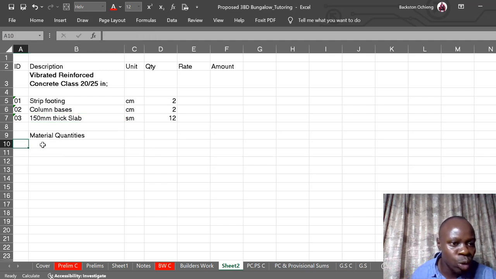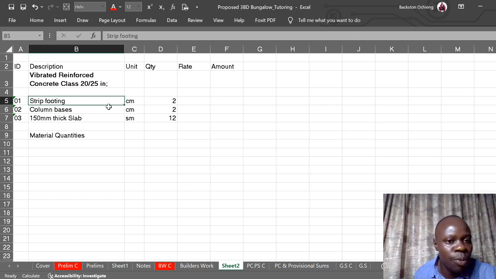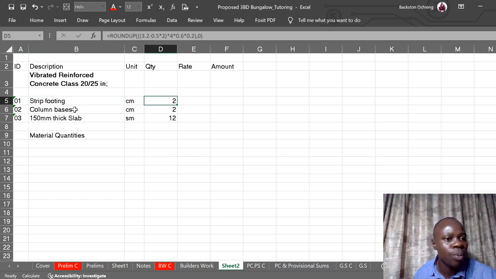These particular items are basically concrete, and what we've gotten is the scope or the quantities in terms of the dry volume. So we have strip footing, in cubic meters, which is 2. Column bases, the same. And then the slab, we have an area of 12 square meters.